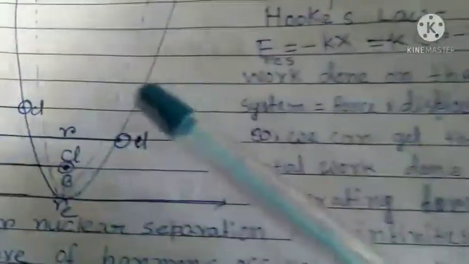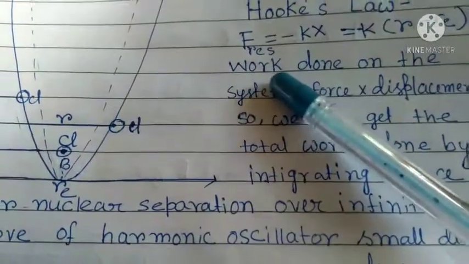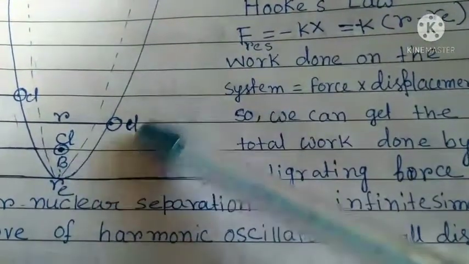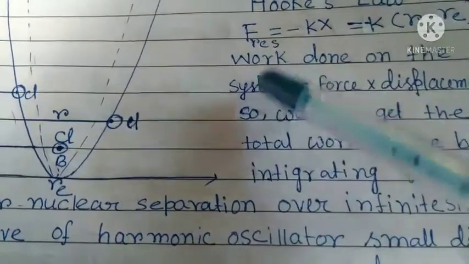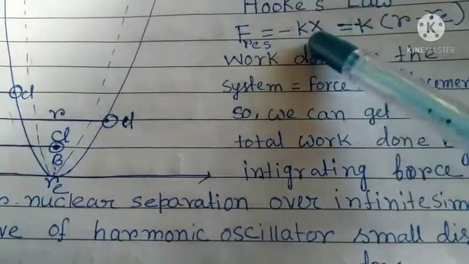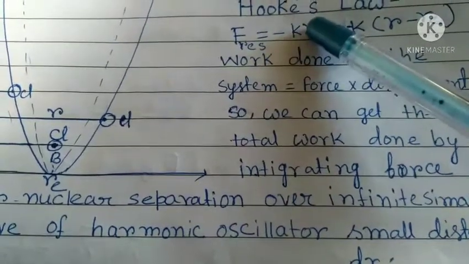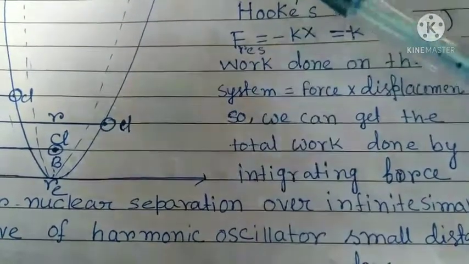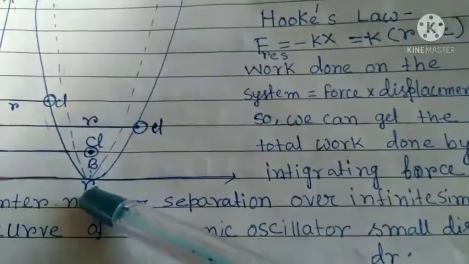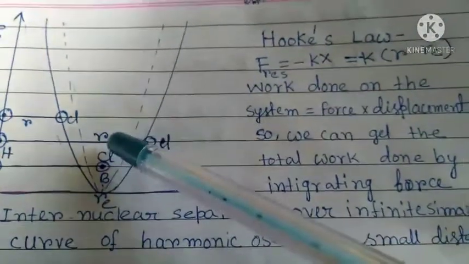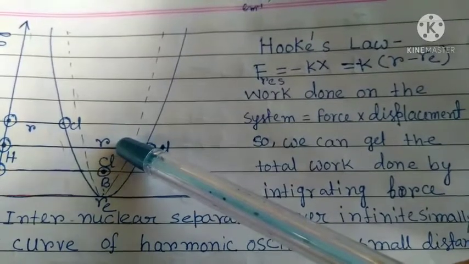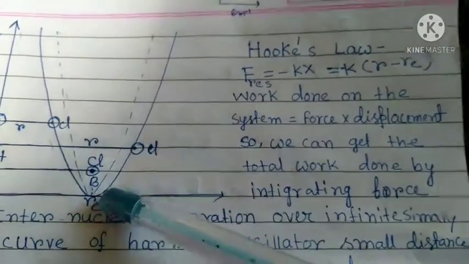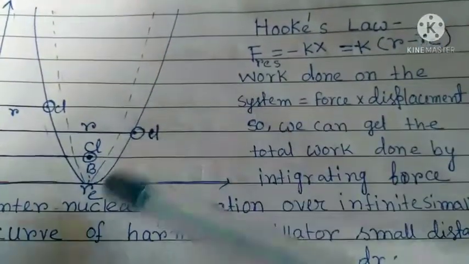Now let's talk about Hooke's law. It behaves like a simple harmonic oscillator and follows Hooke's law. So F is equal to minus K into X, where X is the displacement, here from R equilibrium to R. So the displacement is only this, R minus R equilibrium.